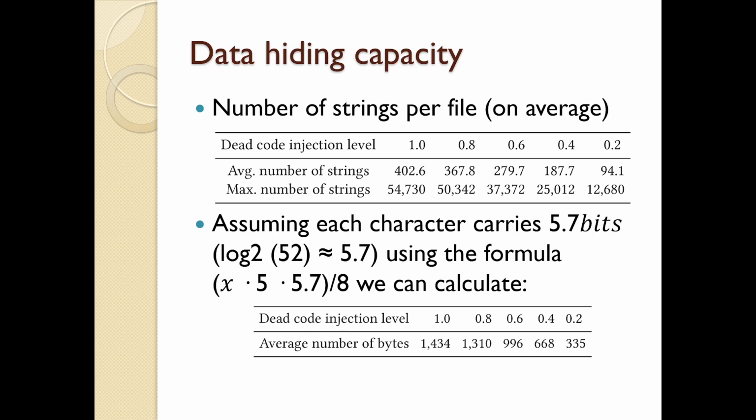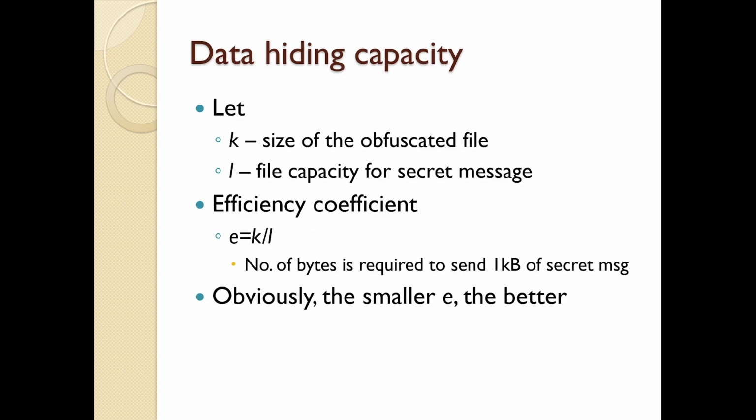Assuming that each character carries 5.7 bits, using the formula as expressed, we can calculate the average number of bytes available in each file. Based on the calculation, it's over 600 for the default dead code injection level, which seems to be quite a significant number.